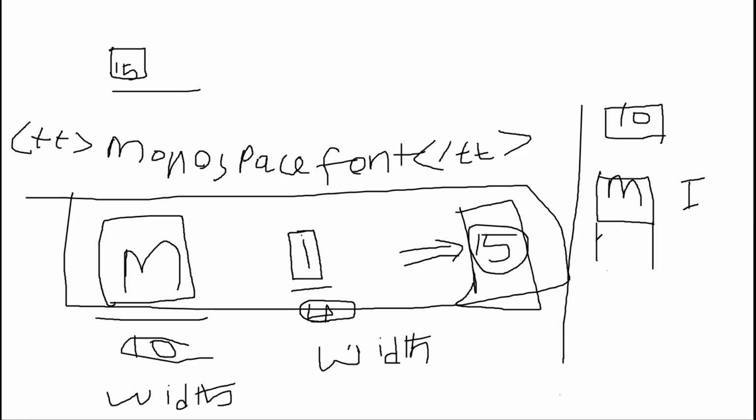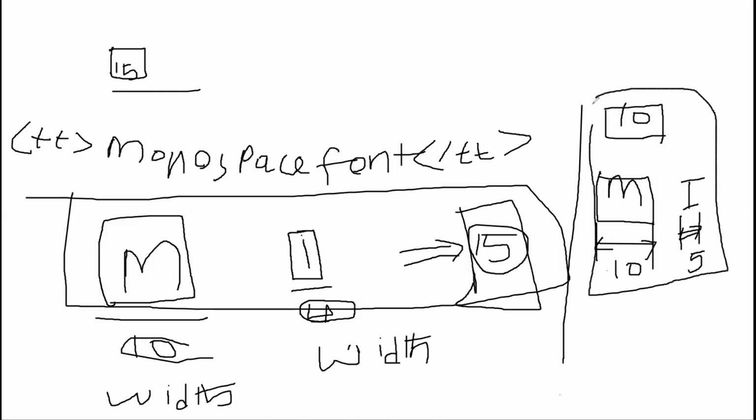Here the height is the same, the width is less. Think this is 5. While you are typing this program on your notepad, M has a width of 10 and I has 5.